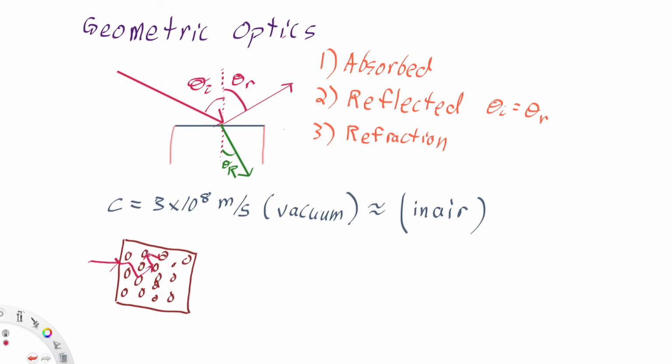So light is going to ping pong off all of these pesky atoms and electrons inside the material. So the speed of light in this material is less than the speed of light in a vacuum.